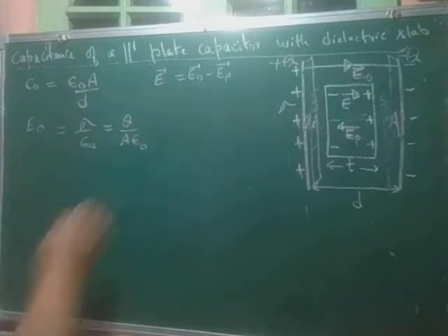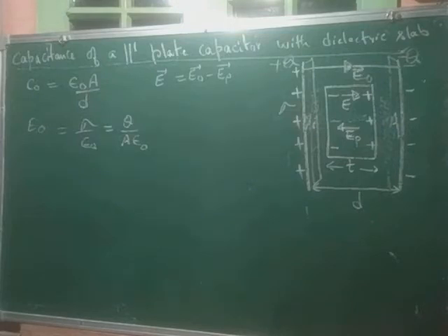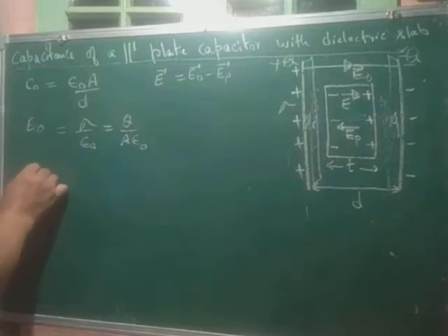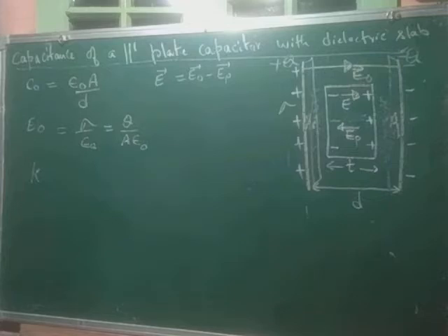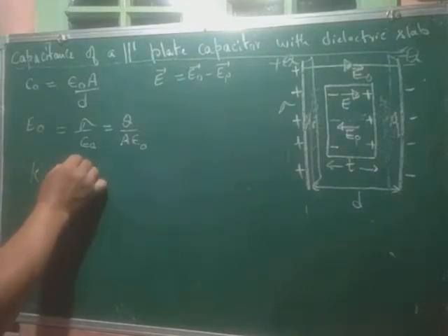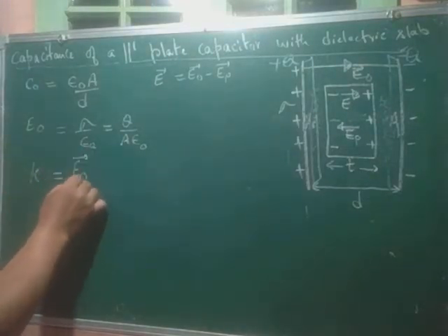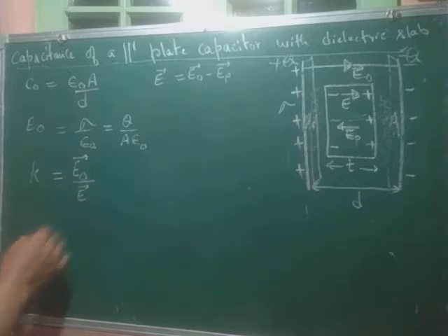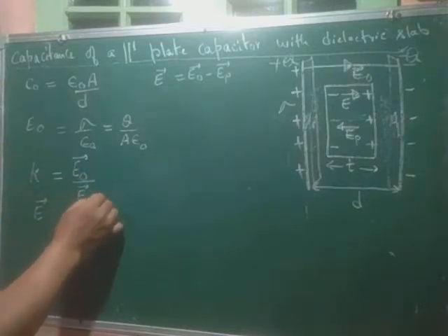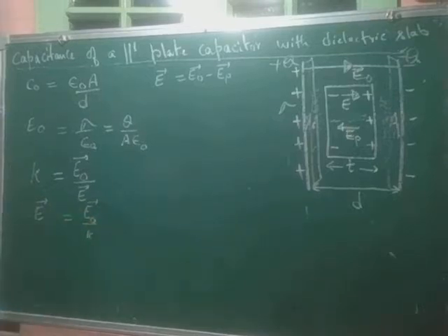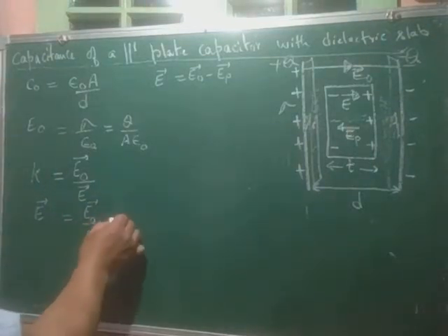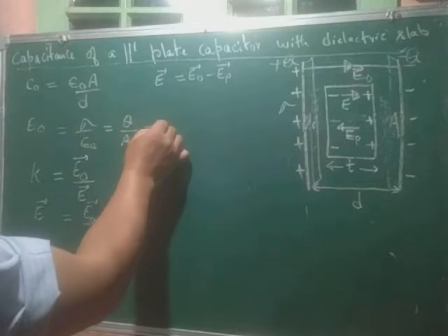These are the things you have learned in the previous videos. We have also seen that the dielectric constant or relative permittivity is the ratio of the applied field to the reduced field E. I can say E equals E naught by K. These are the equations needed here.